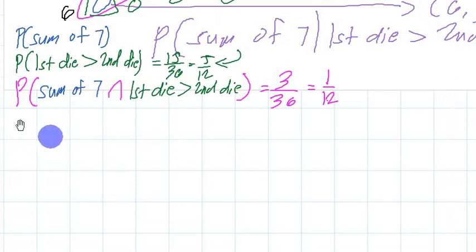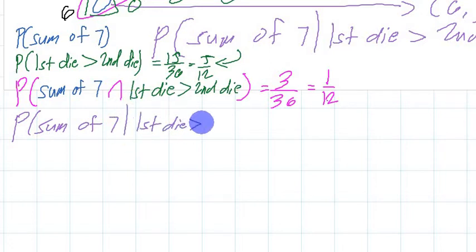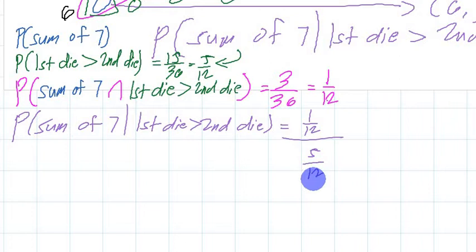The probability of getting a sum of 7 given that the first die is greater than the second die would be essentially this probability happening out of the condition that it will happen.